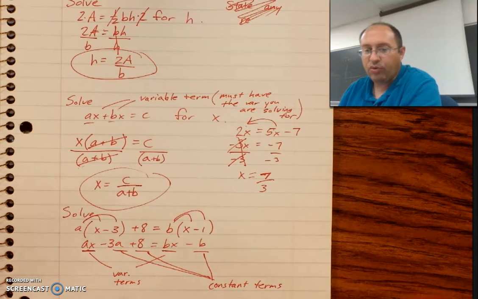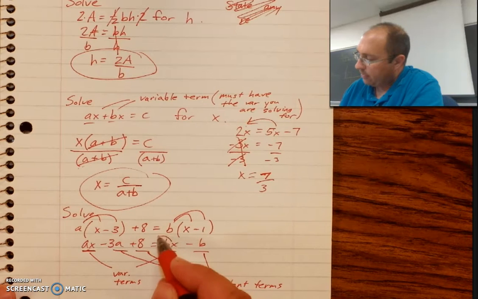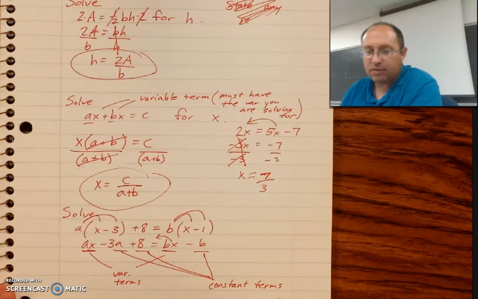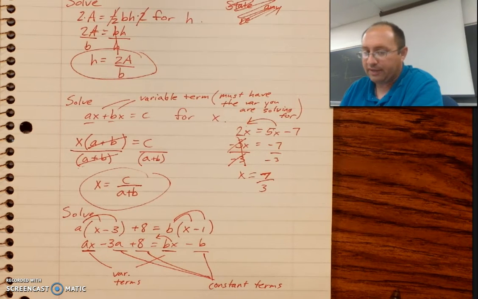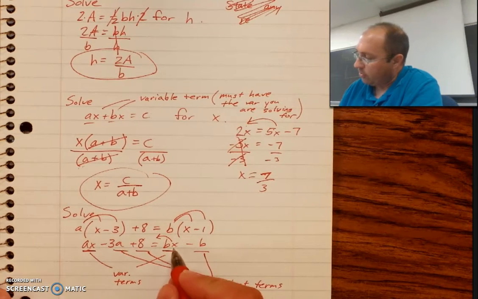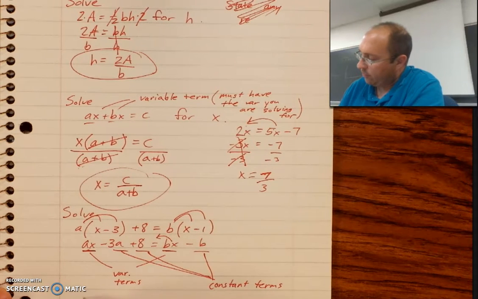We need to rearrange that so they're all together. So I'm going to push the bx to this side. Well, I should say obviously because I'm choosing to put the bx on that side. So I would subtract it over to the other side, and if I subtract it over to the other side, I would have ax minus bx.